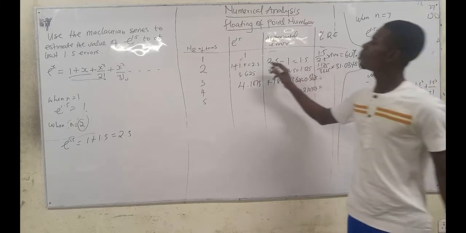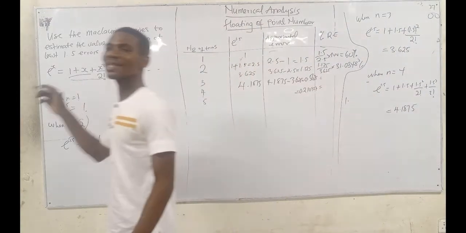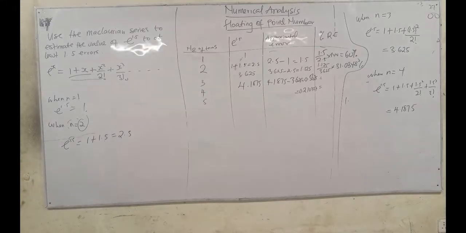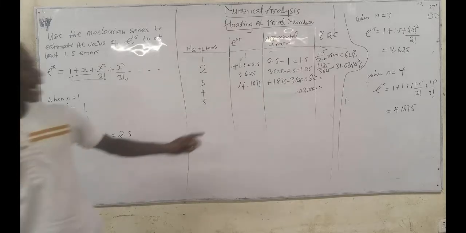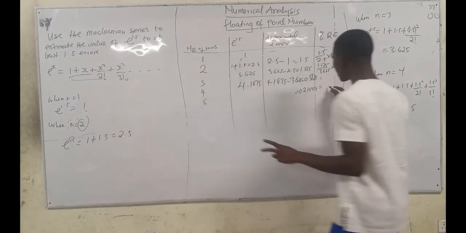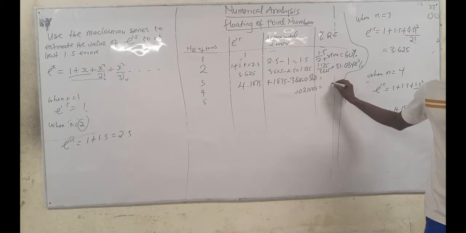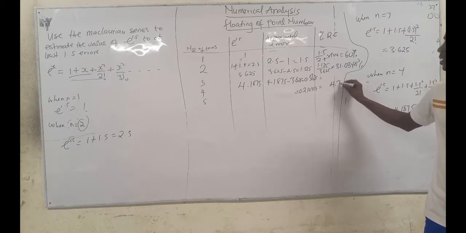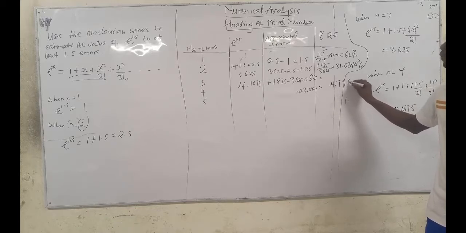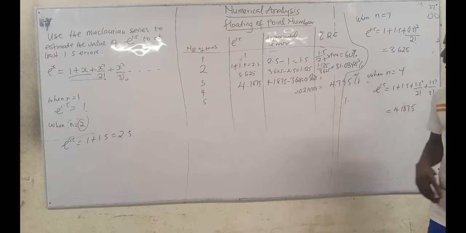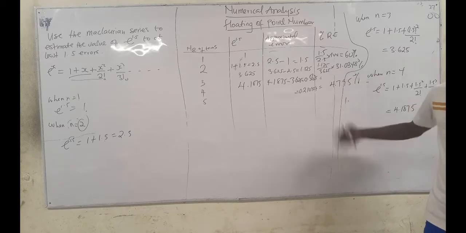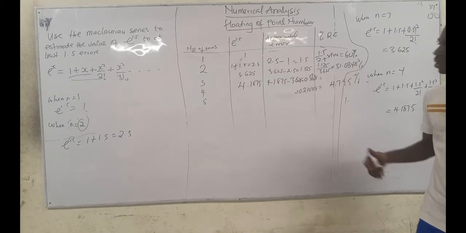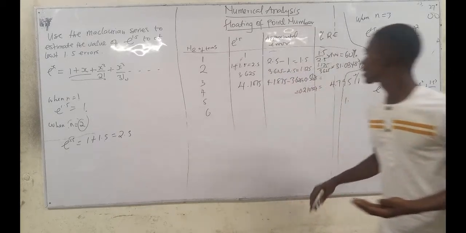It shouldn't be more than 1.5, but at least 1.5. Is that clear? Something 1.5 or below. So under the 5, the percentage that we got here is what? 4.75 something percent? You see, we can still go further, so we continue with the sixth one.